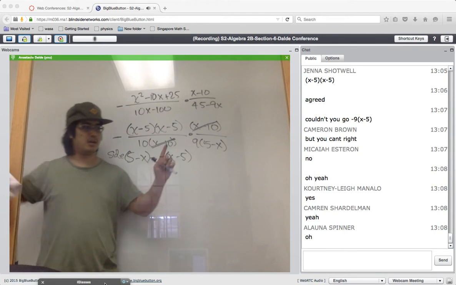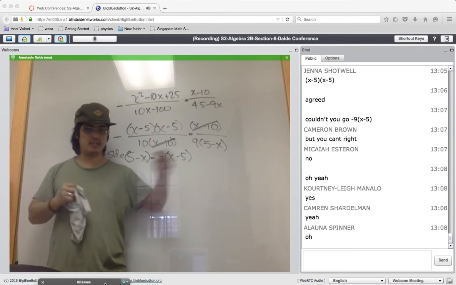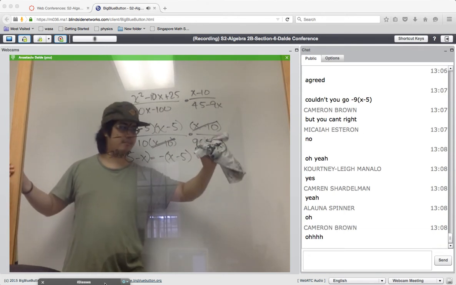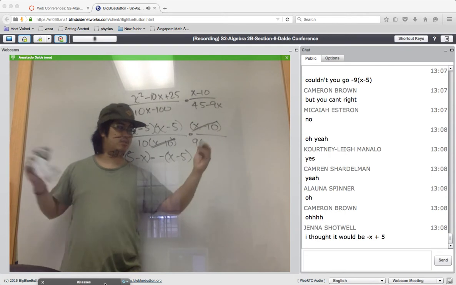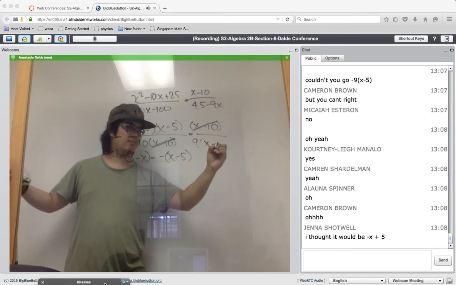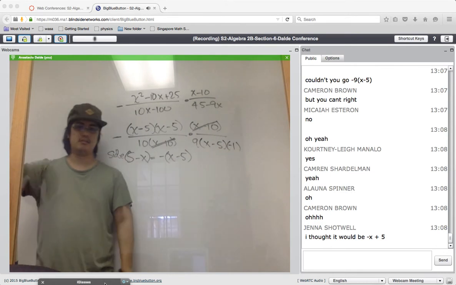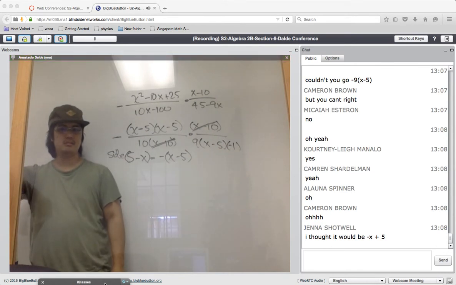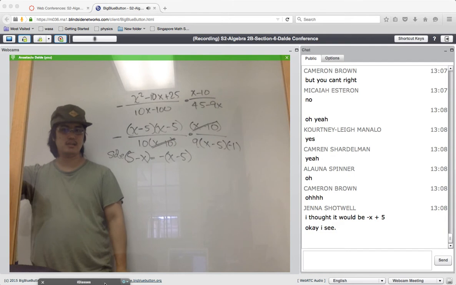So I can actually change this. I'm going to erase this. I can change this 5 minus x to an x minus 5 as long as I include an extra negative 1 in there. You guys get it?